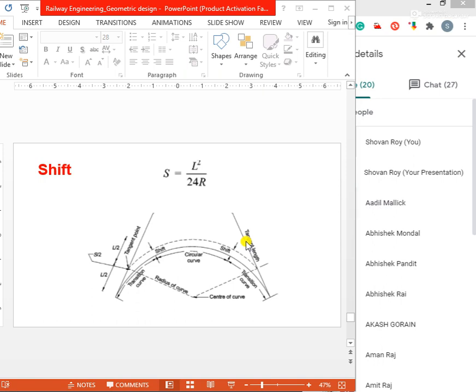You can find this formula in your Agarwal book.